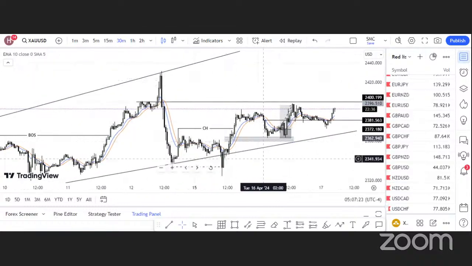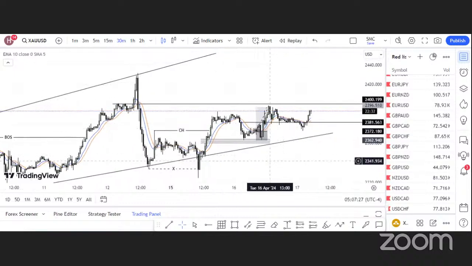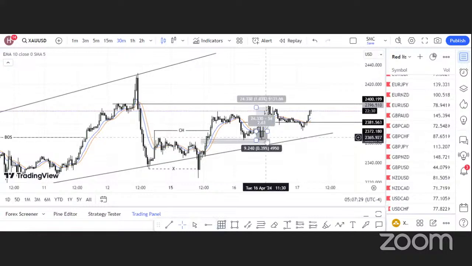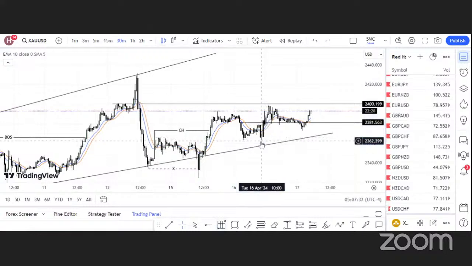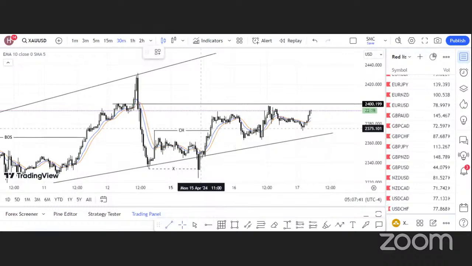So let's see what we can make out of XAU USD for today. Let's see what is going on with XAU USD.